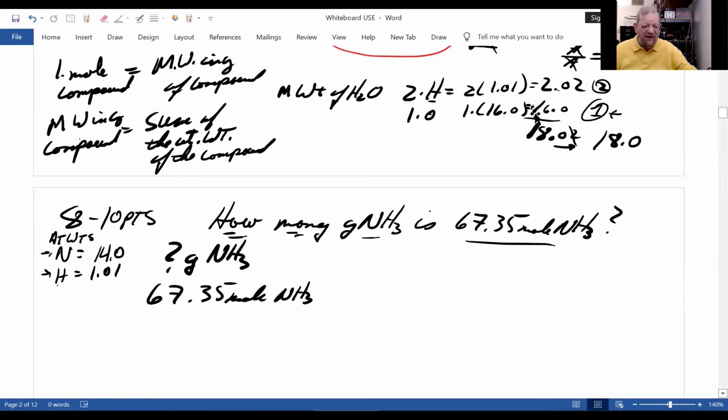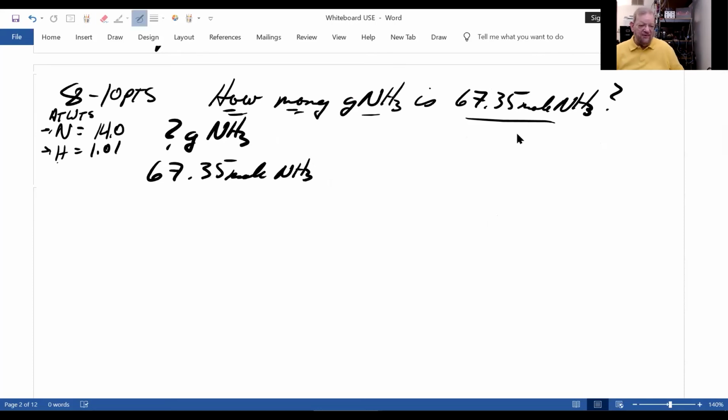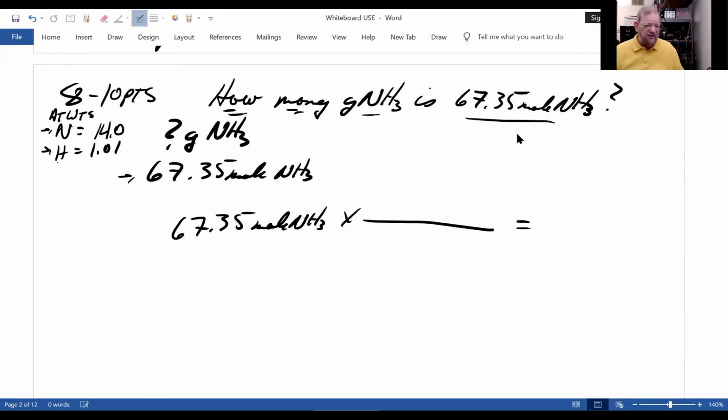And now, how do we begin? Well, this is the only number we have: 67.35 moles of ammonia. And if there were some ratio, we can multiply it to get to the units of the answer we want. What are we trying to get?